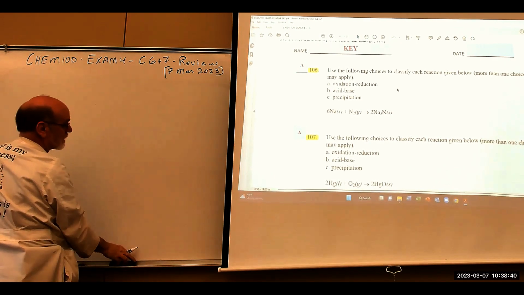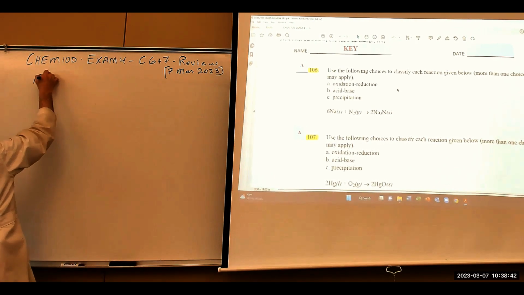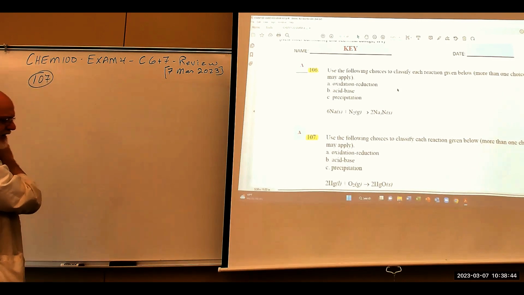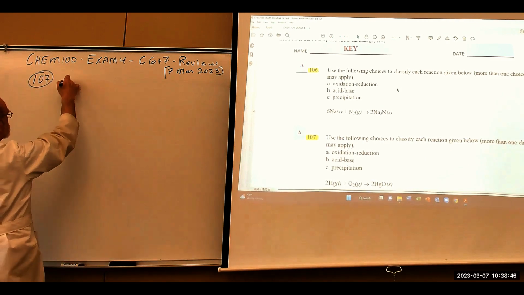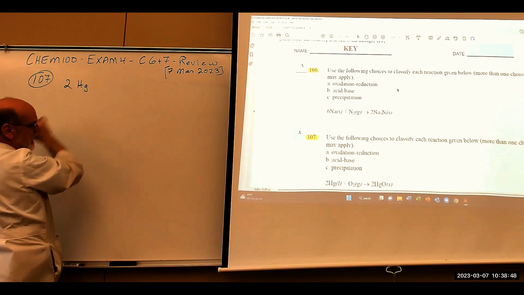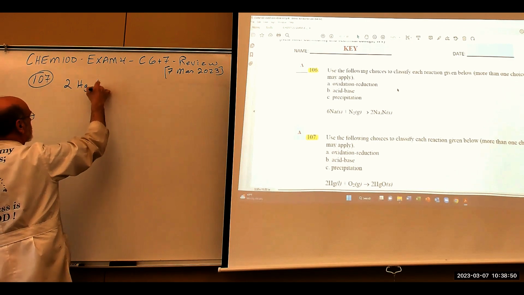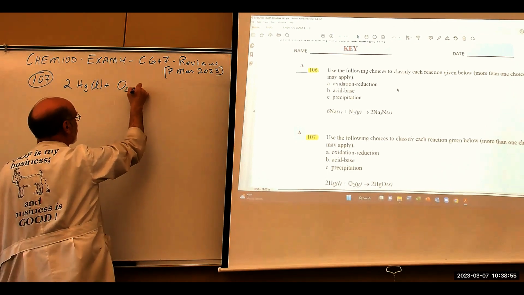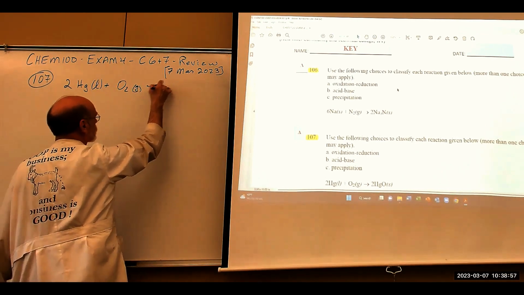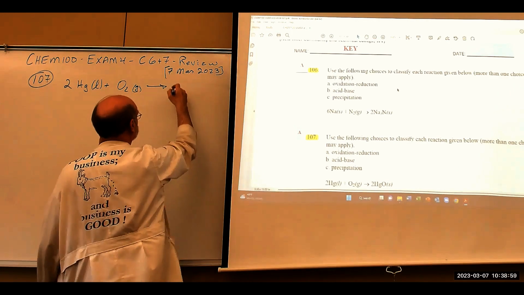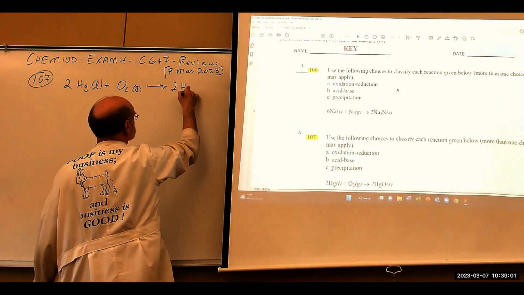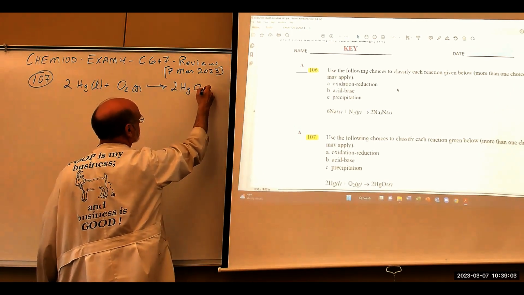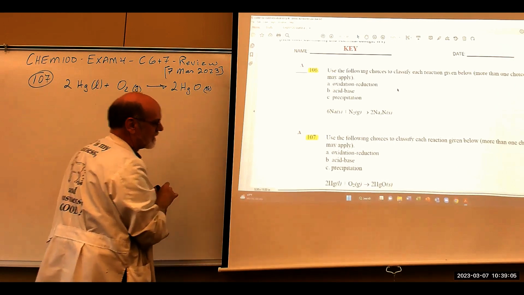How about 107? What's Hg? Mercury plus oxygen gas yields 2HgO, mercury(II) oxide, solid.